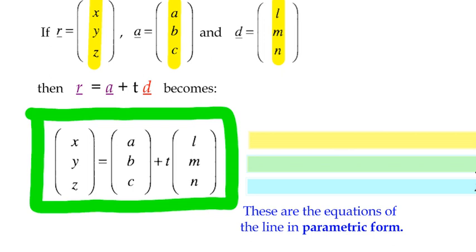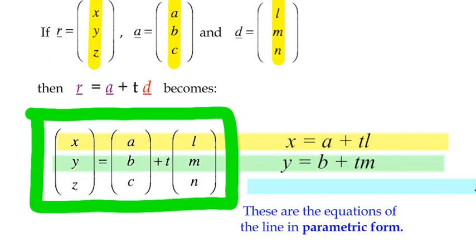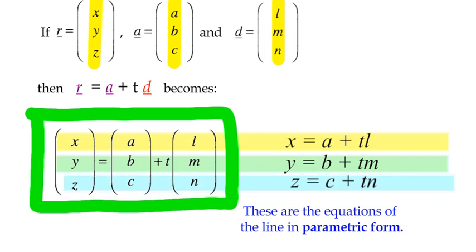So what we can do is split the equation up into its three rows, and if you notice, the first one says x equals a plus tl. The second row says y equals b plus tm, and the third row says z equals c plus tn.